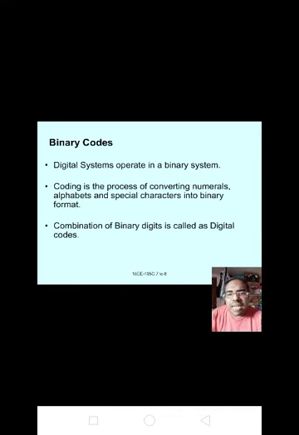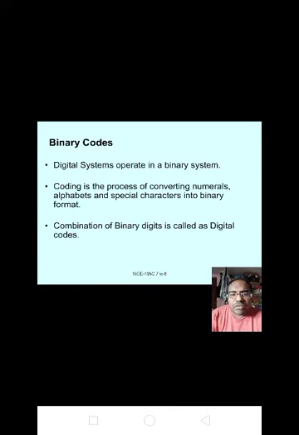Binary codes. Digital systems operate in a binary system. Coding is the process of converting numerals, alphabets and special characters into binary format.